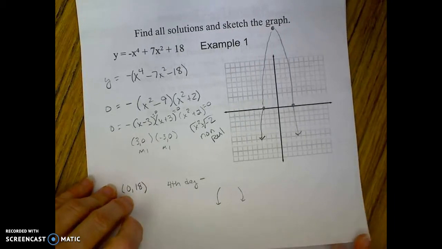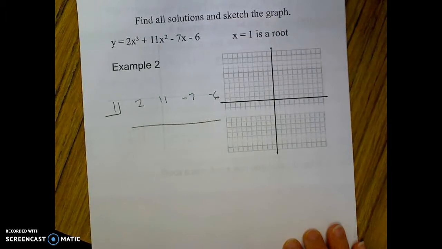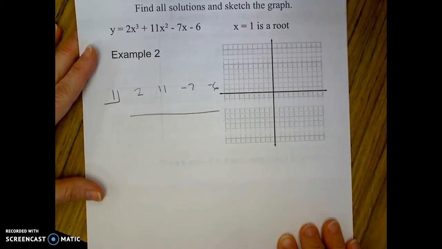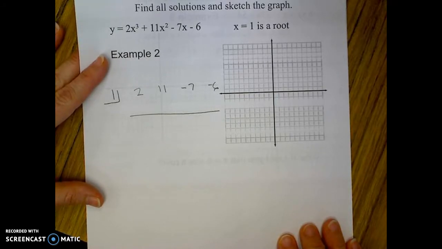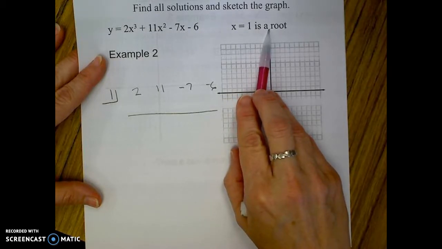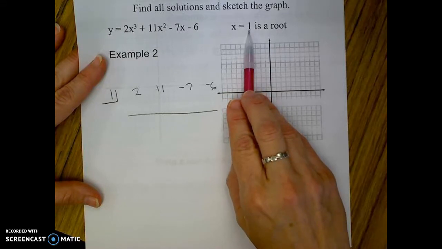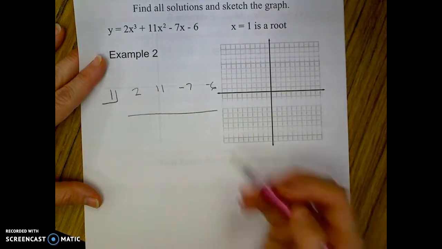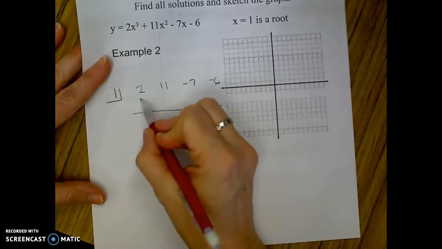When you look at example 2, this one will not factor, not even by grouping. You could try if you'd like, but they told us already what one root is, so even if it would group, I would use the root they gave me. So I'm going to take this x minus 1, or x equals 1, and I'm going to do my synthetic division to reduce that.